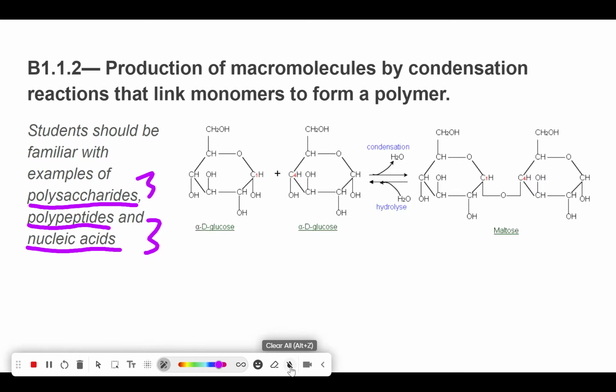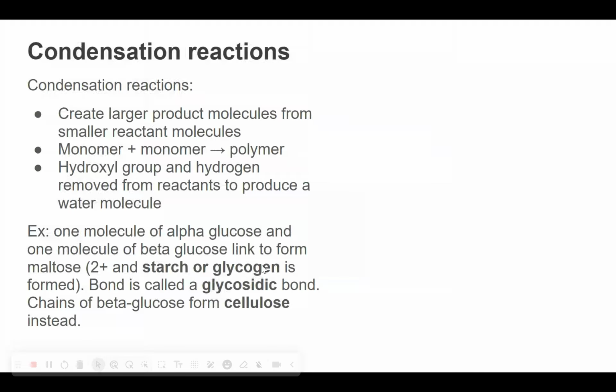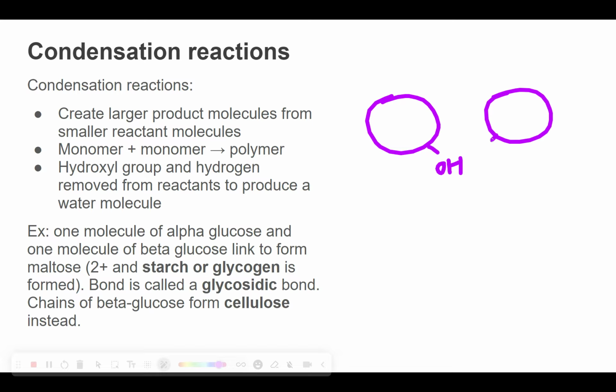I'm going to go forward one slide. All right, so condensation reactions create larger product molecules from smaller reactant molecules. So for example, if you start with two monomers, a monomer and a monomer of some type of carbon-based molecule, the way that they will generally condense is there are a lot of hydrogen and hydroxyl groups hanging out on these molecules, as we saw in the last picture.